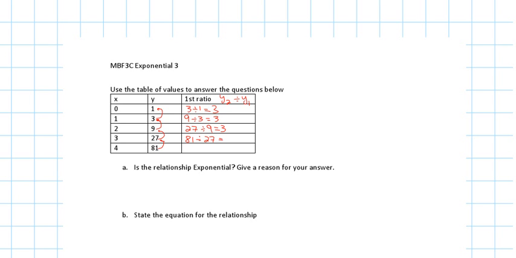That's 3. Okay? So, is my first ratio constant? Yes, it is. Okay? Since my first ratio is constant, then I know it's an, what kind of function? Exponential function, right? So, is the relationship exponential? Give a reason for your answer.